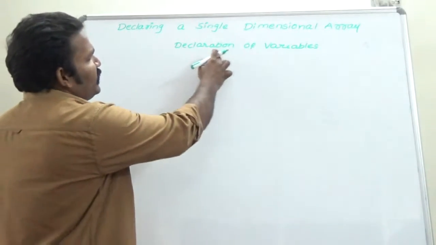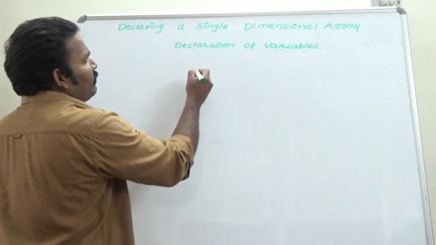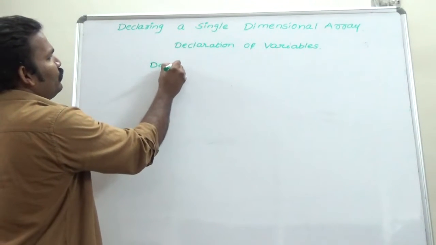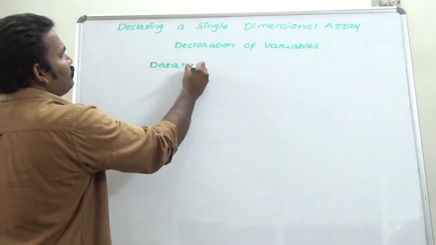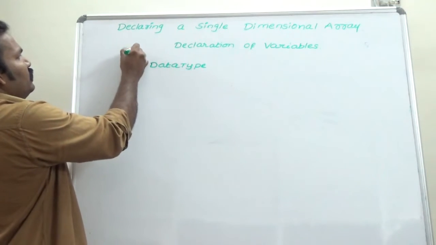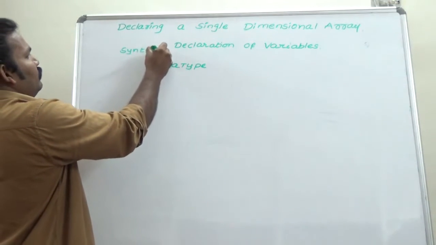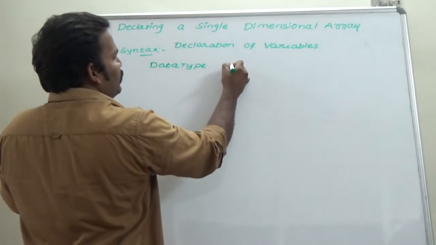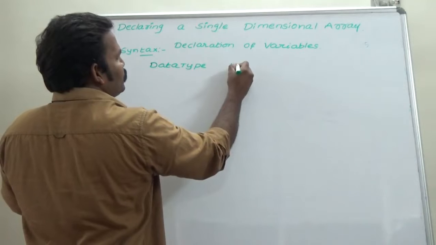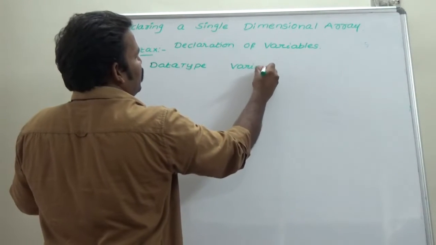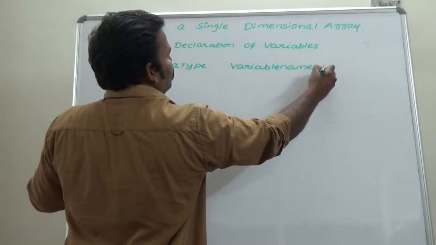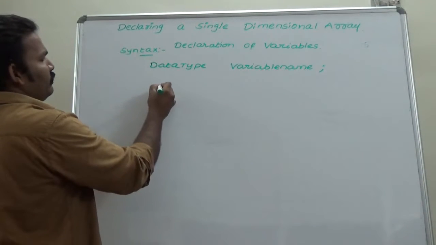Now declaration of a variable. To declare a variable, first we have to write the data type, then specify the variable name, terminated with a semicolon.